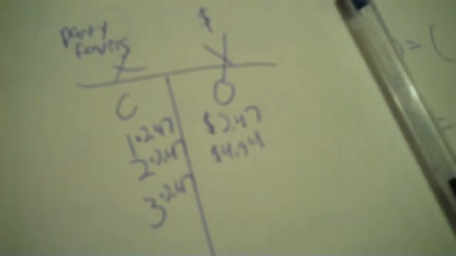So 2 multiplied by 247 is $4.94. Now 3 party favors multiplied by 247, because each one of them is 247, is $7.41.